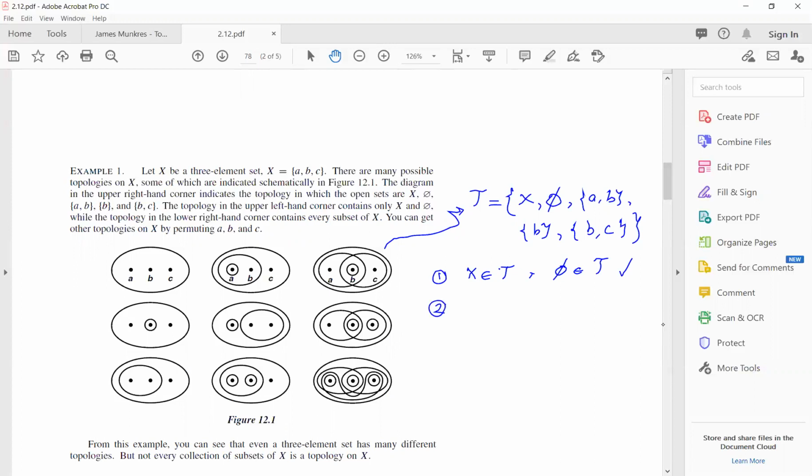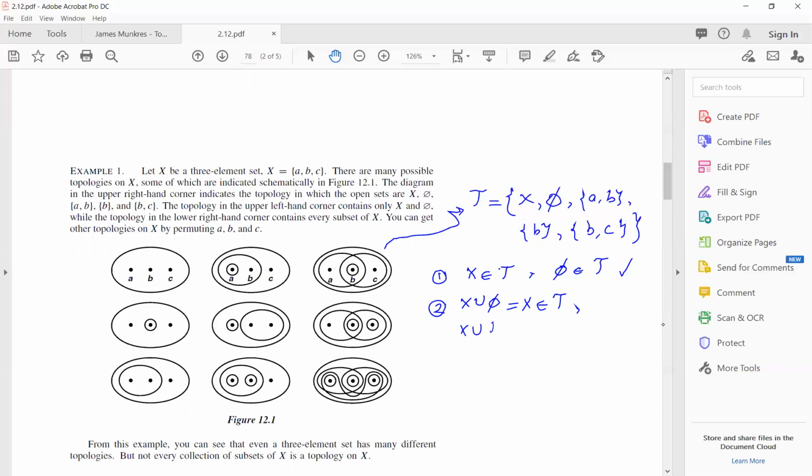The second condition says it's closed under any arbitrary union. It means that if I take the union of any sets here, it must be a member of tau itself. The union of X and the empty set is X, which is in tau. The union of X and any of these subsets is also a member of tau.